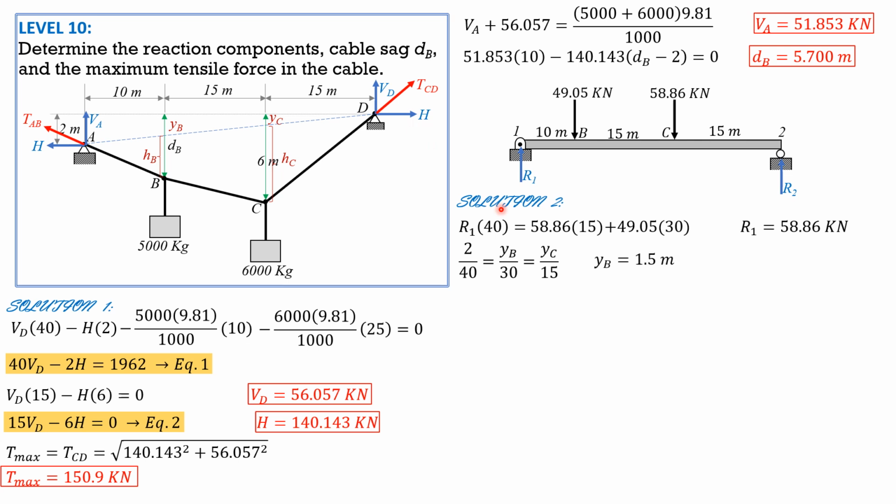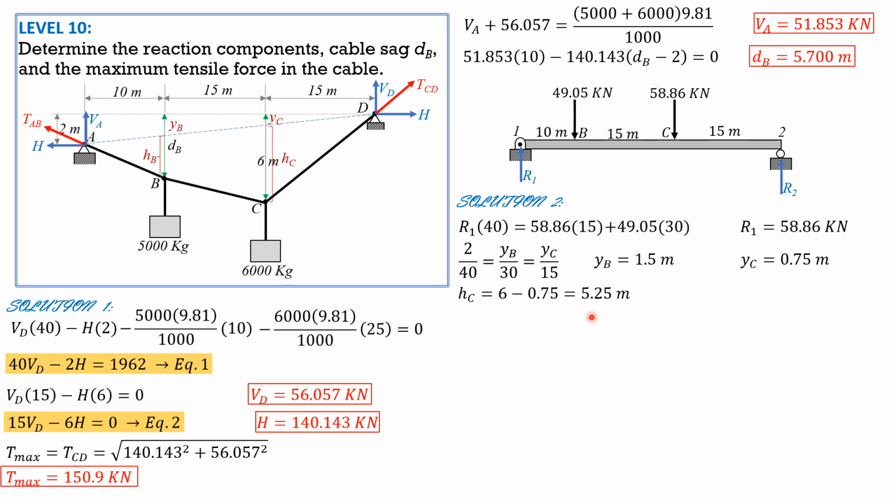So YB is equal to 1.5 meters, YC equals 0.75 meter. Then by definition, H sub C can be computed first. H sub C is 6 minus YC. 6 minus 0.75 is 5.25 meters.